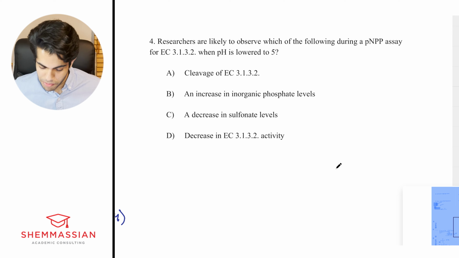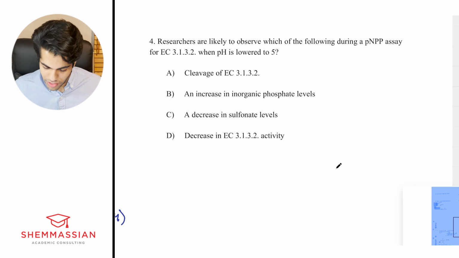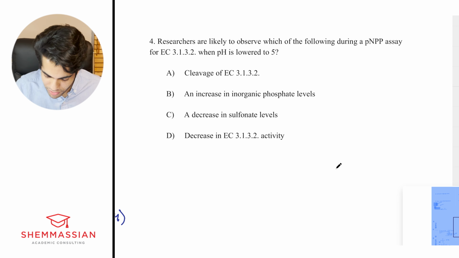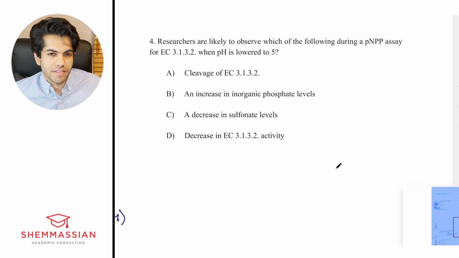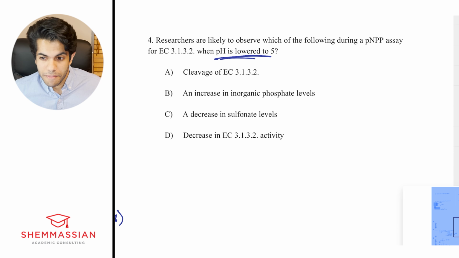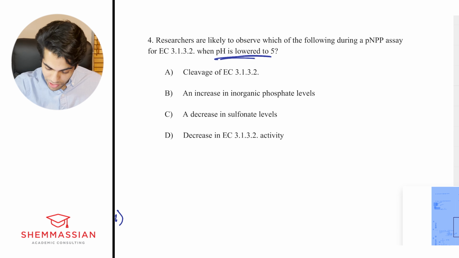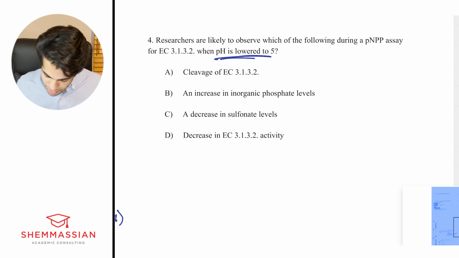All right, so let's think about this logically. First thing we should recognize, what did they tell us? They told us that the pH is lowered to 5. Was there anything significant in the passage about pH values? Yes, the passage opens with pH being really important, but then specifically in one of the final paragraphs, maybe the last or second to last, they gave us specific pH ranges that we had in our outline.